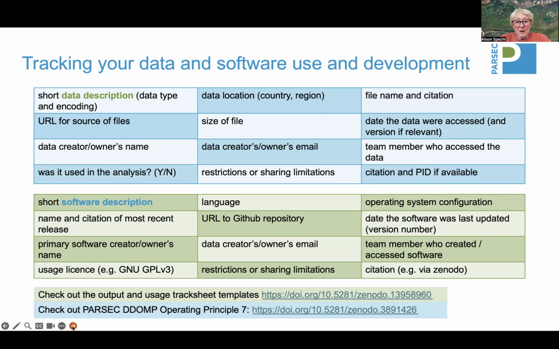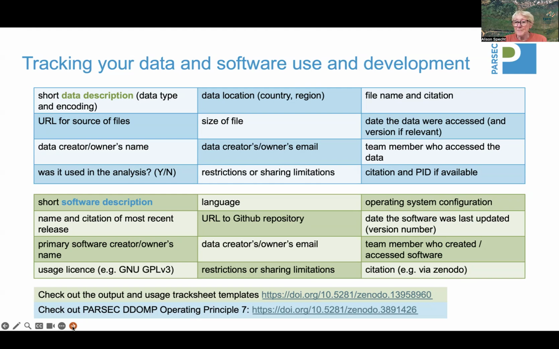If you read some of our published papers, you'll see there is a statement in the upcoming one about language being a little bit of an impediment for some of the coders. If they have to change language when they're acquiring it, it may be too much bother for them to use it, and it's perfectly valid if it's a matter of the time frame of the project. You need to know with code the operating system configuration. That is quite important. And of course, the date the software was last updated.